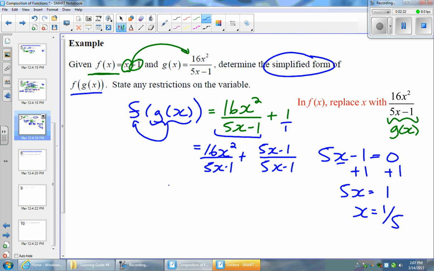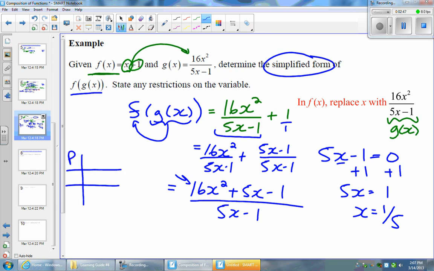Once we have the same denominator, we can go ahead and add the numerators. So we have 16x squared plus 5x minus 1, and that's all over a common denominator of 5x minus 1, okay? Since we want it in simplified form, we can try to PSA the top there.